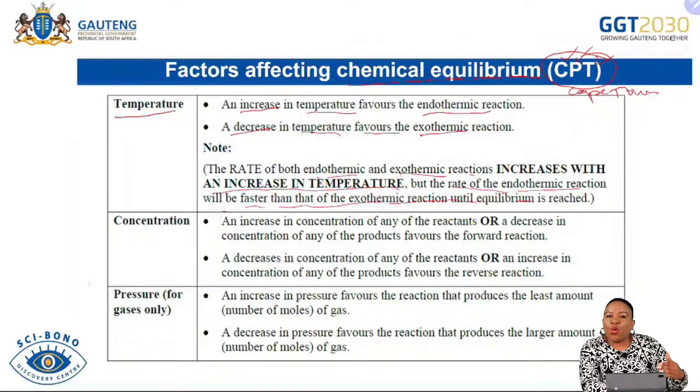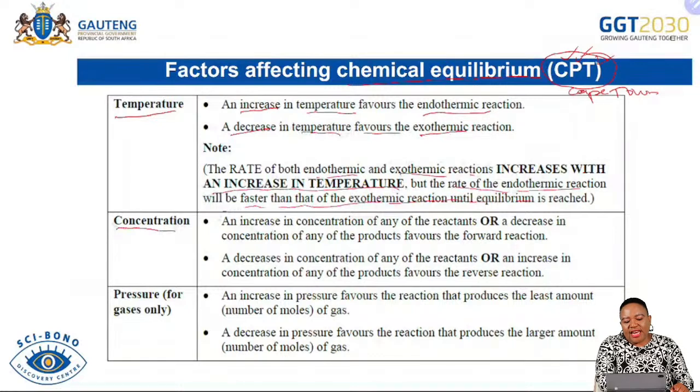That is why both the reverse and the forward reactions will increase when you increase temperature. However, the endothermic reaction will increase more. If your forward reaction is endothermic, then your forward reaction will increase more than the reverse reaction. But you must expect both of them to increase as we increase the temperature.